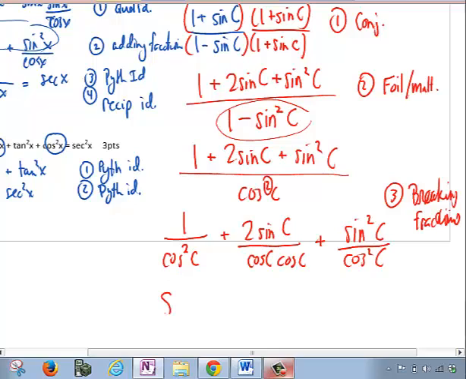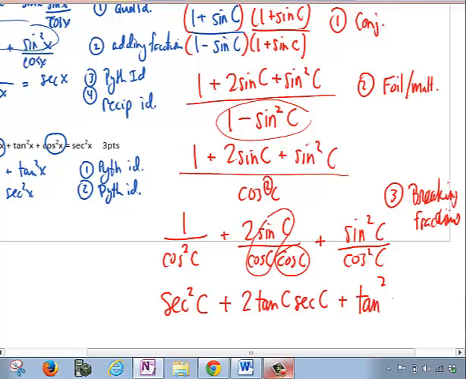So the first part is going to be secant squared of c. The second part is, I have 2 sine of c over cosine of c is tangent of c. And then the cosine of c in the bottom is secant of c. The last part is going to be tangent squared of c.